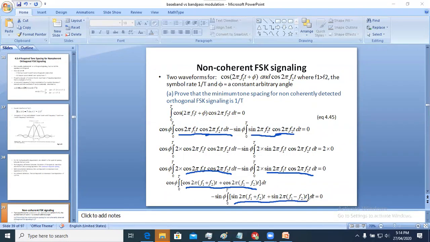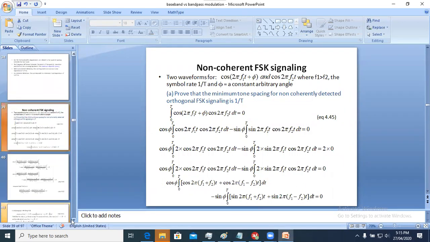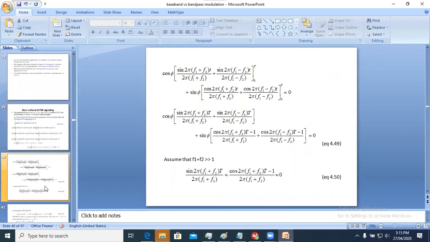Now we integrate these two parts. The sine integral is minus cosine and the cosine integral is sine. So we simplify this relationship by the corresponding sine and cosine parts.